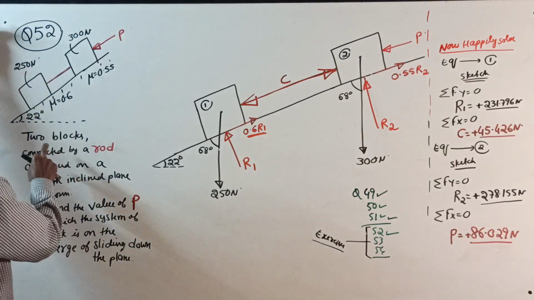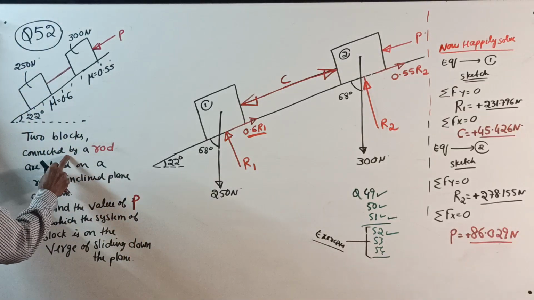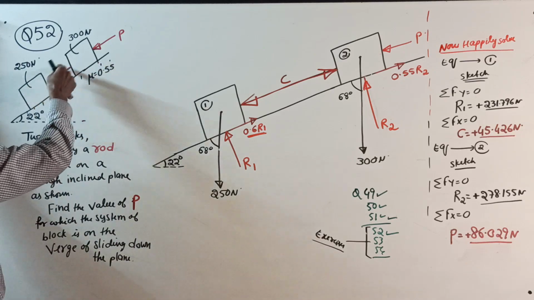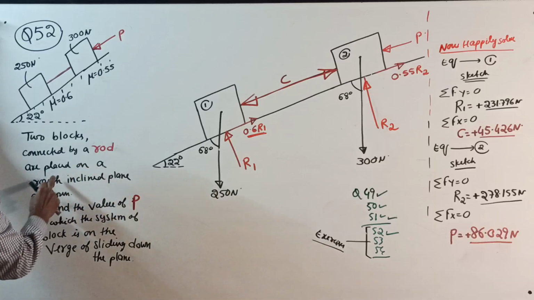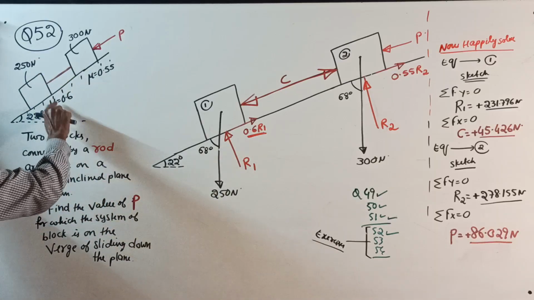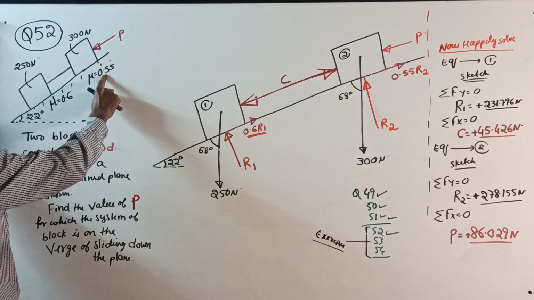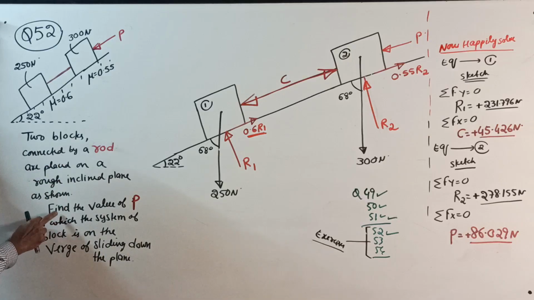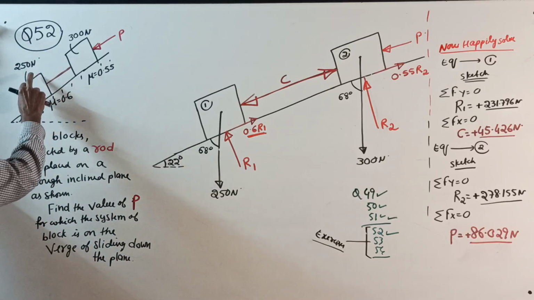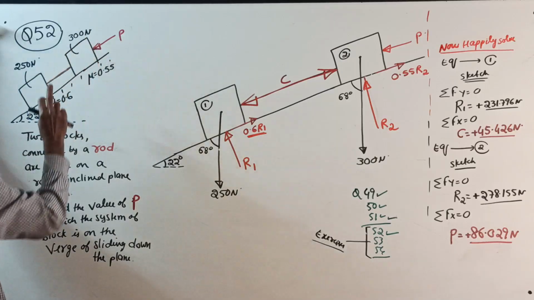Two blocks connected by a rod are placed on a rough inclined plane as shown. This mu is 0.6, this mu is 0.55. This weight is 250 Newton, and this weight is 300 Newton.